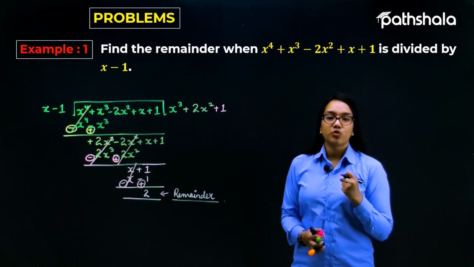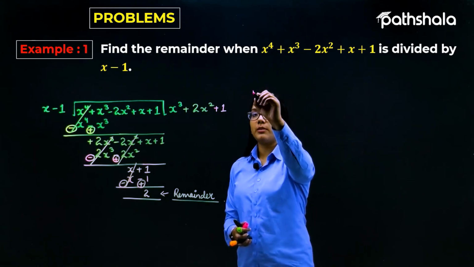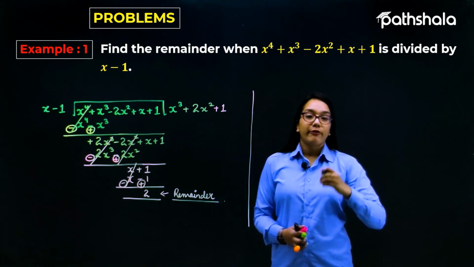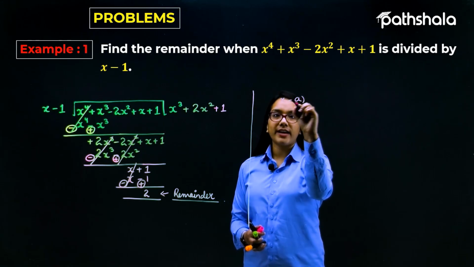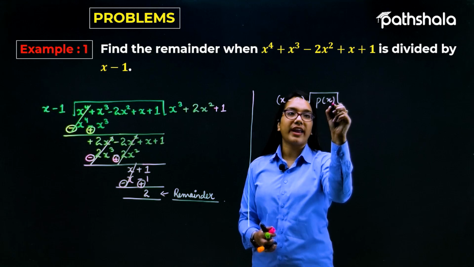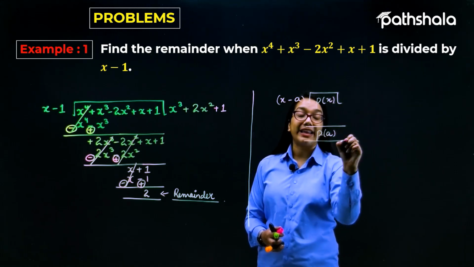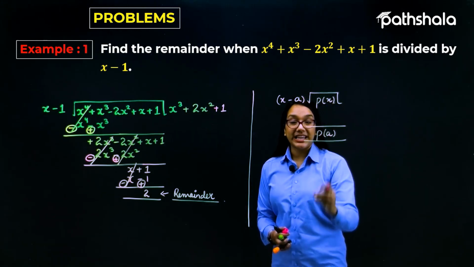But let us suppose we don't do the actual division and we use the remainder theorem now. As per the remainder theorem, for any linear polynomial x minus a dividing the polynomial P(x), the remainder would be of the type P(a).